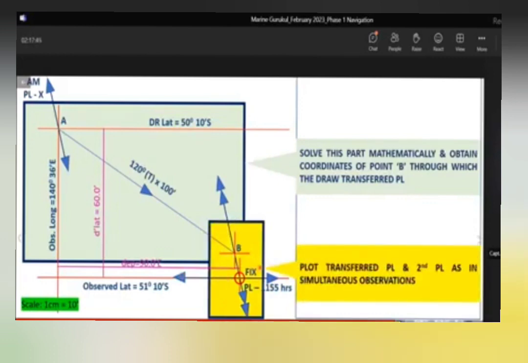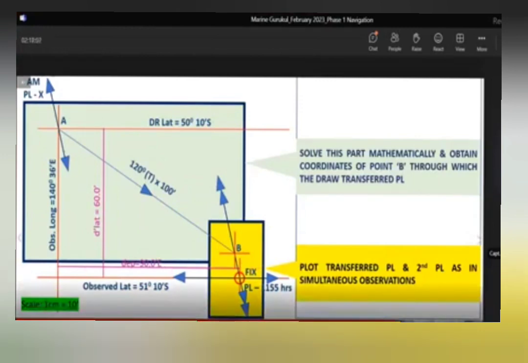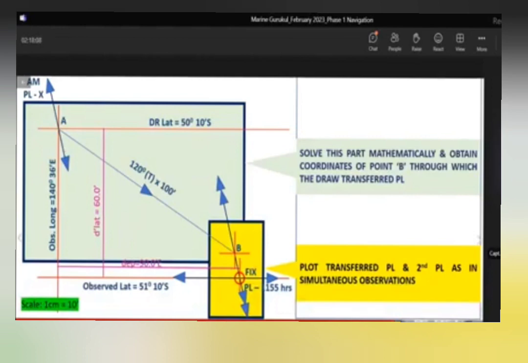Though you will be plotting a transferred PL and the second PL, since they are both for the same time, the concept shall be exactly the same as you had done during the simultaneous observations. So this is what we will be doing now, beta. The first part was just to show you the limitation in plotting. So now we will be doing it exactly as shown.